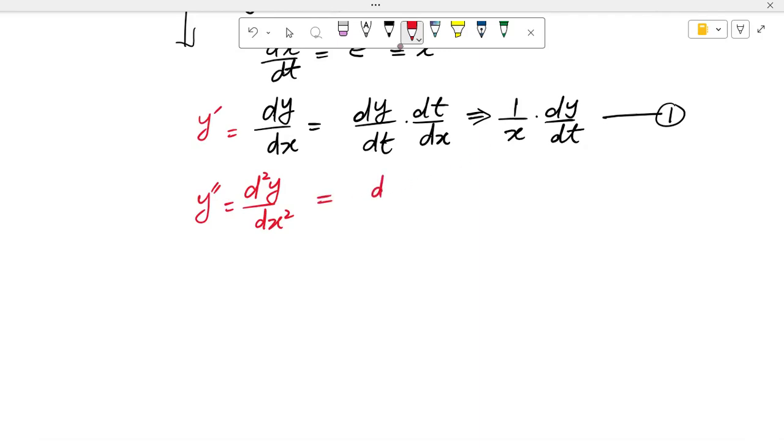So this is going to be d over dx of 1 over x dy dt. It requires the product rule to be implemented.